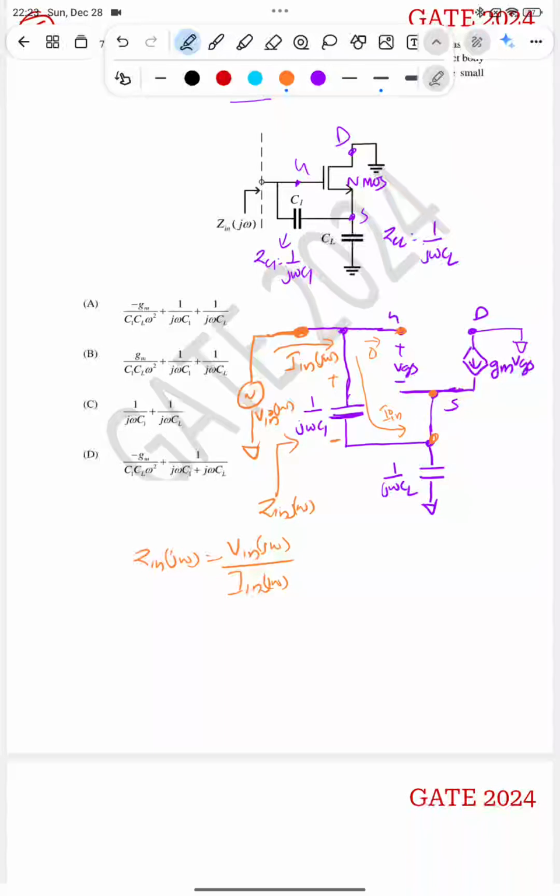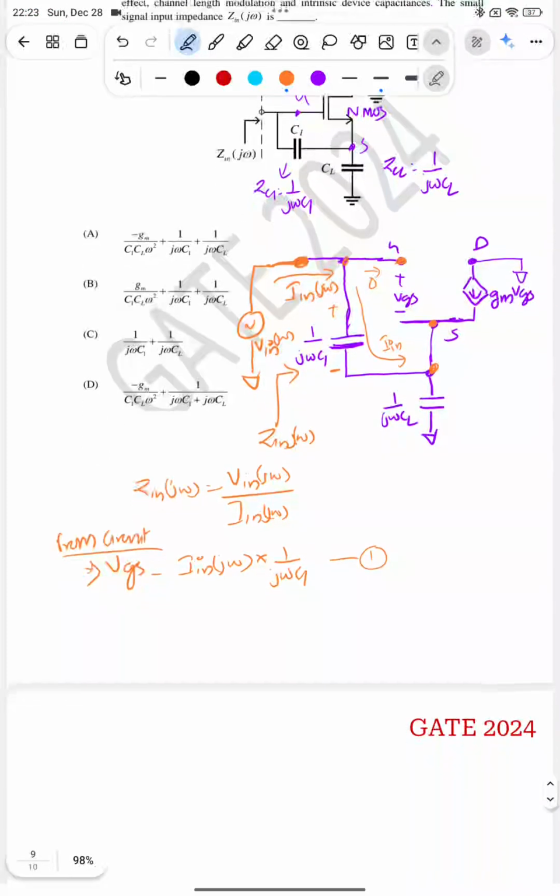This node is connected to gate, and this node is connected to source. So from the circuit we can write VGS as I in of j omega into the impedance of the capacitor, that is 1 by j omega C1. Fine? Yeah, so that is VGS.